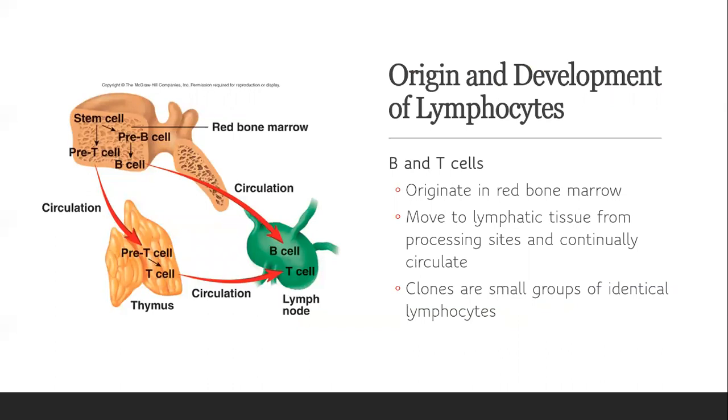So B and T cells are originated in the red bone marrow and move to the lymphatic tissue from the processing site and continually circulate. So clones are small groups of identical lymphocytes. So kanina na nabanggit ko, so si T cells will mature in our thymus.